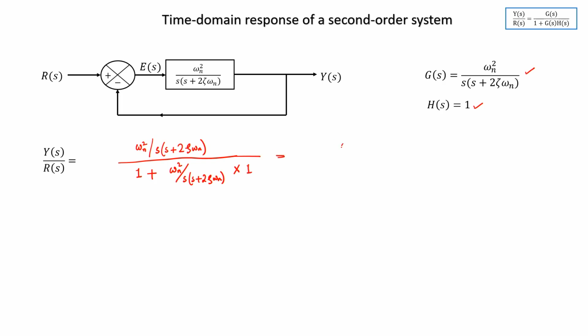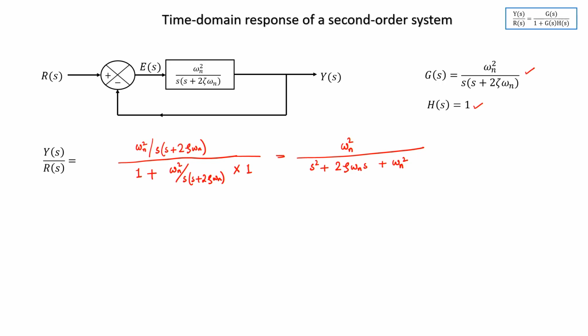So this comes out to be omega n square by S square plus 2 zeta omega n S plus omega n square. So the transfer function of this standard second order unity negative feedback closed loop system is omega n square by S square plus 2 zeta omega n S plus omega n square.